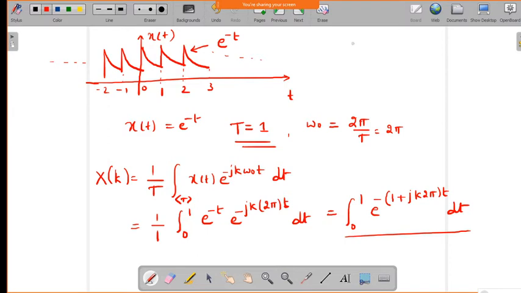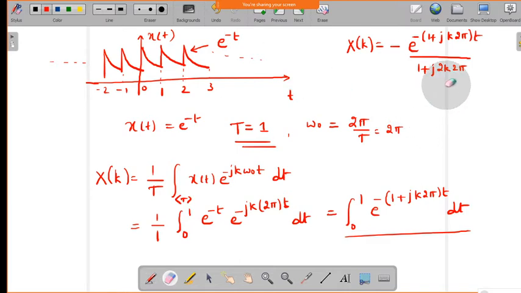So what is the value for X of k? Integrate this one, what will you get? Minus e power minus (1 plus jk 2 pi) t, divided by (1 plus jk 2 pi).